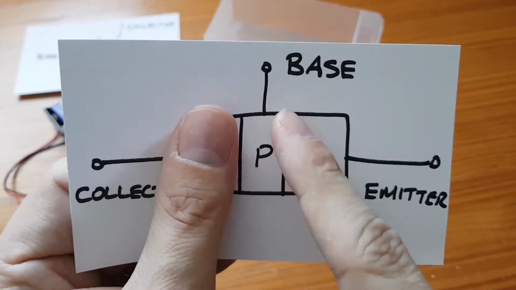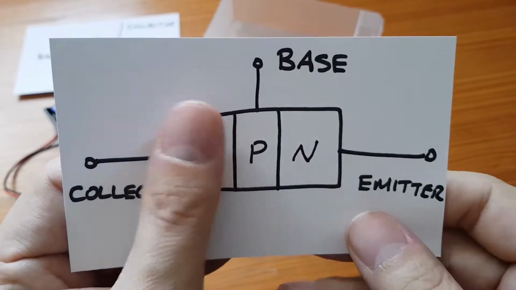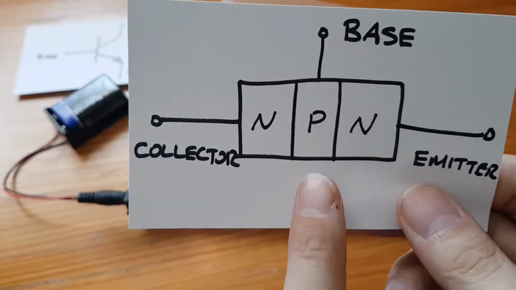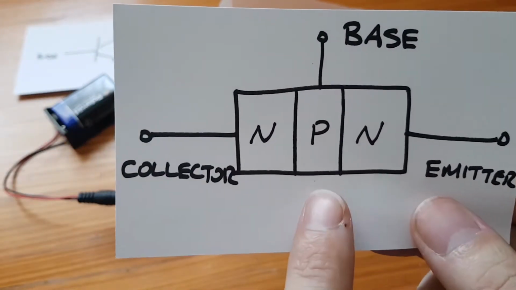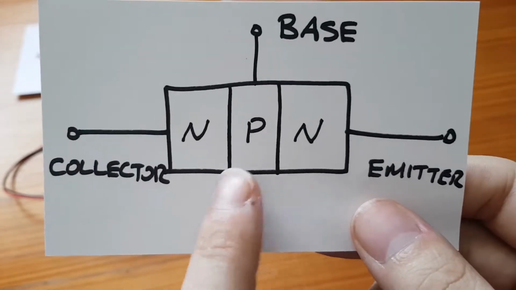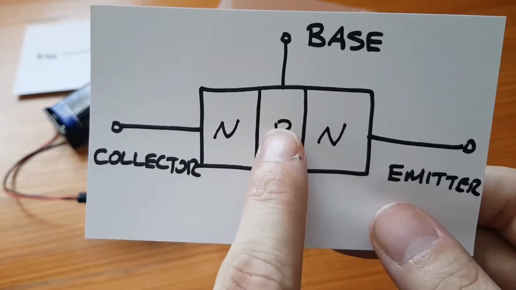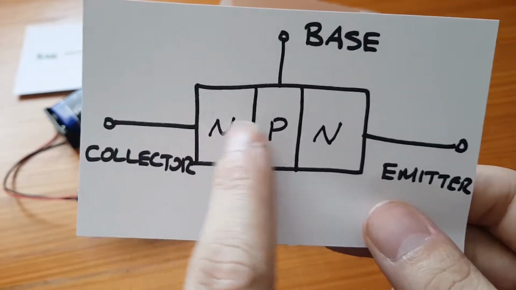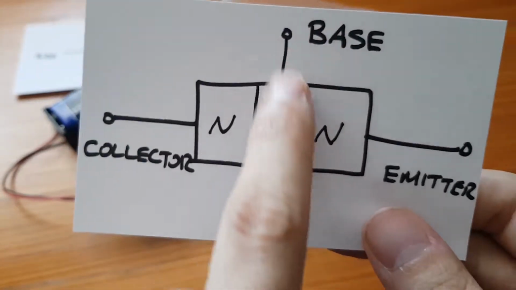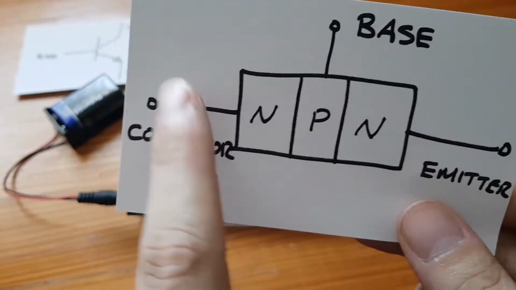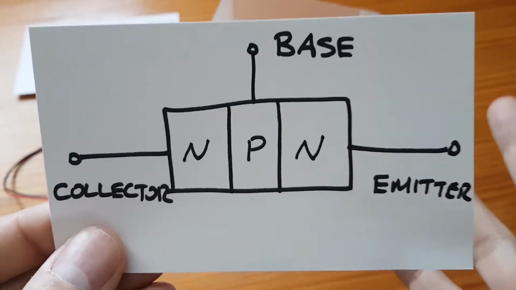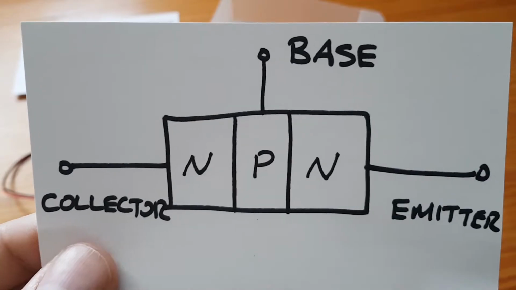It kind of makes a barrier here if it tries to flow in the wrong direction. So with this piece of silicon in the middle that's been doped with boron, electricity will not be able to flow from the collector to the emitter without the base saturating this with electrons. So then it'll be able to flow nice and freely through. So it'll come through the emitter and pull current through the collector. Very, very basic explanation there.